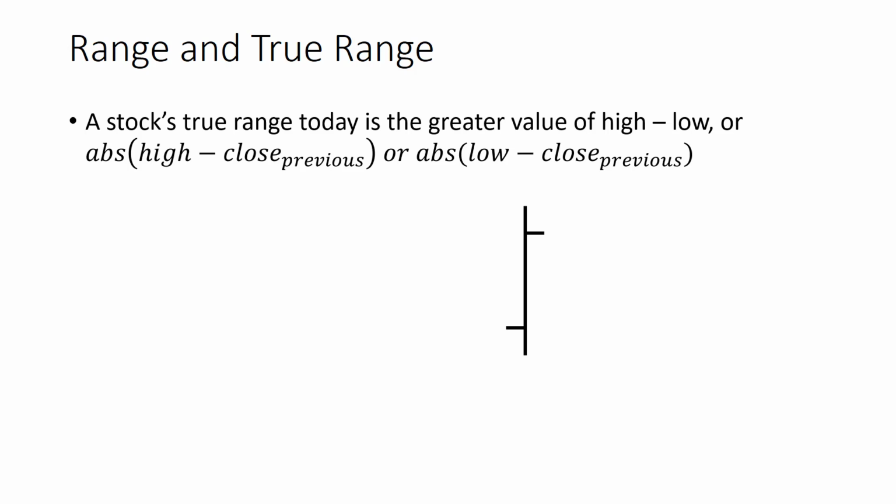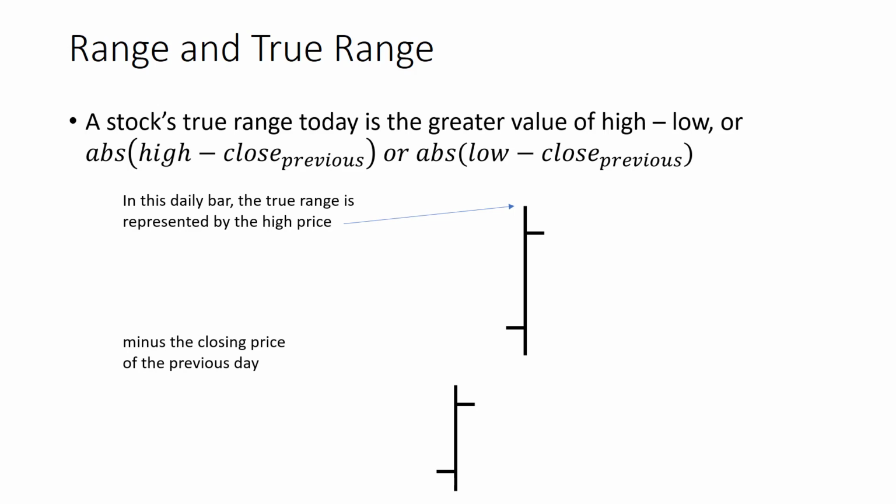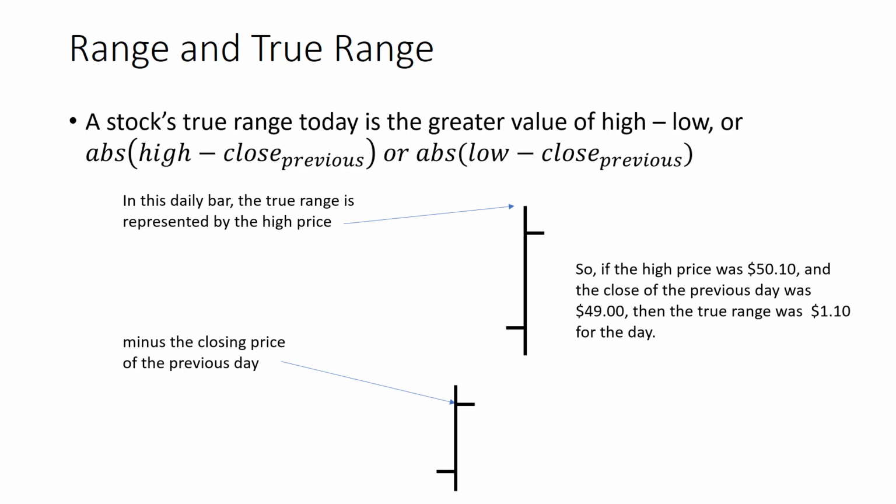So here we have a bar. This is a daily bar again. And we've got the high price. Then we subtract from that the closing price of the previous day, and this gives us a bit of a different picture. So if the high price was $50.10 and the close of the previous day was $49, then the true range was $1.10 for the day.